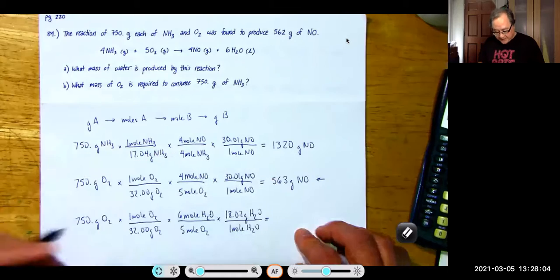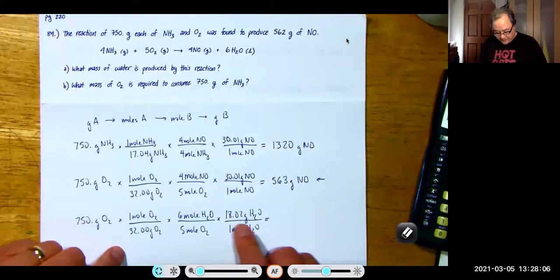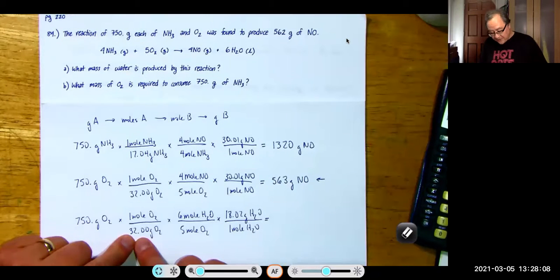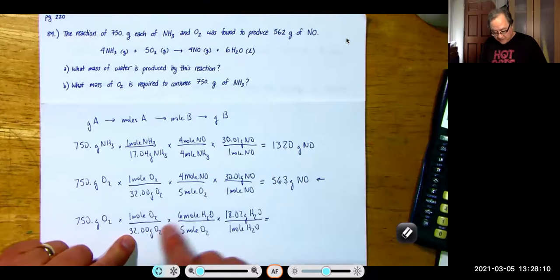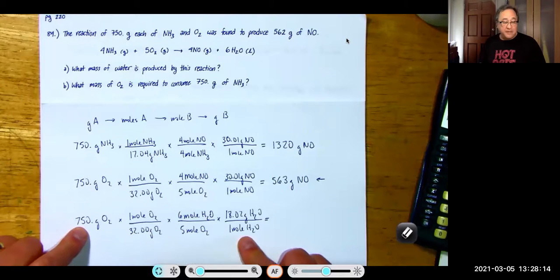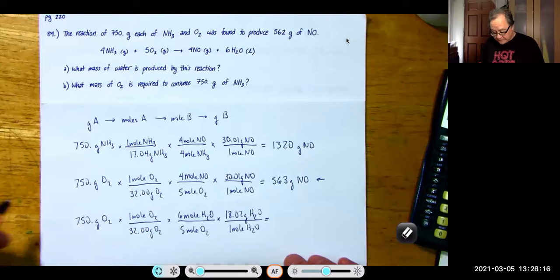And I'm going to estimate again. 18 will go into this almost 2 times. This is 1. So we basically have 750 divided by 2, which is about 325.